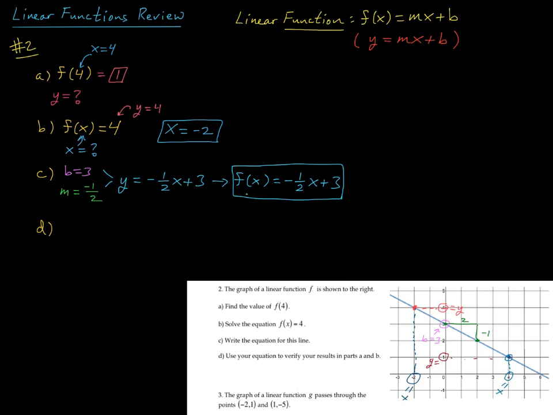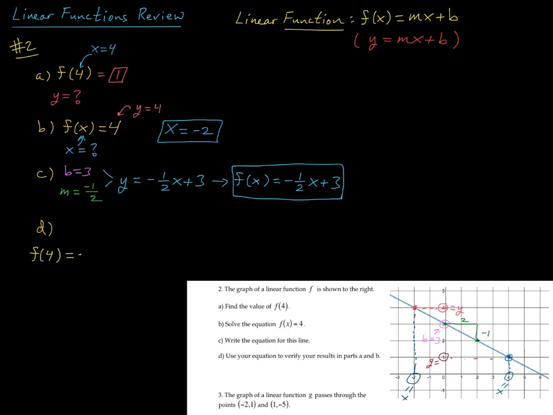And now for D, it says use your equation to verify your results in parts A and B. And for part A, we had that f of 4 was equal to 1, and we just used the graph to find that. So now let's go ahead and use the equation.